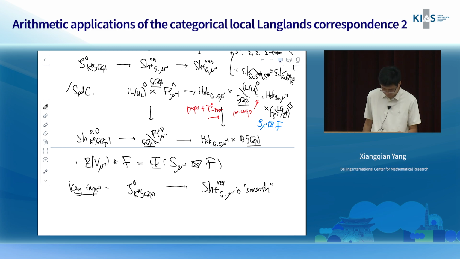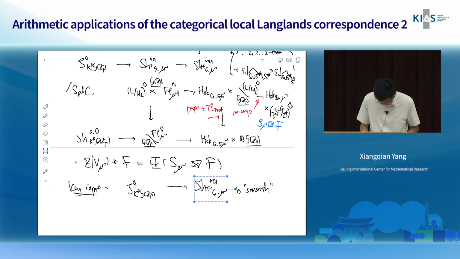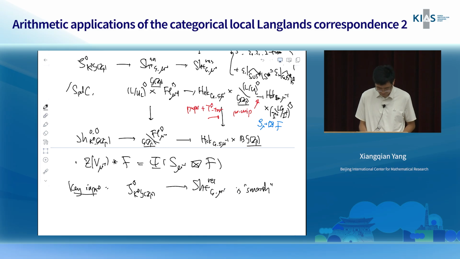We cannot show that this is really cohomologically smooth now, but we can show something that is enough to show that this pullback commutes with nearby cycle of this sheaf, right? And I think I don't have time to explain how to prove the smoothness, maybe. So let me just end the proof here.